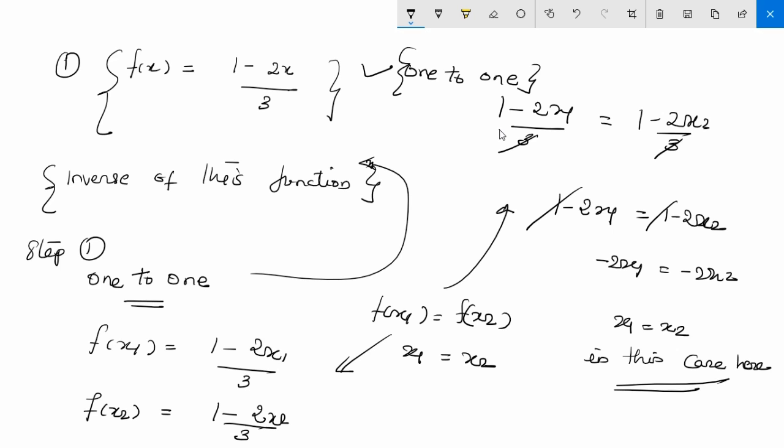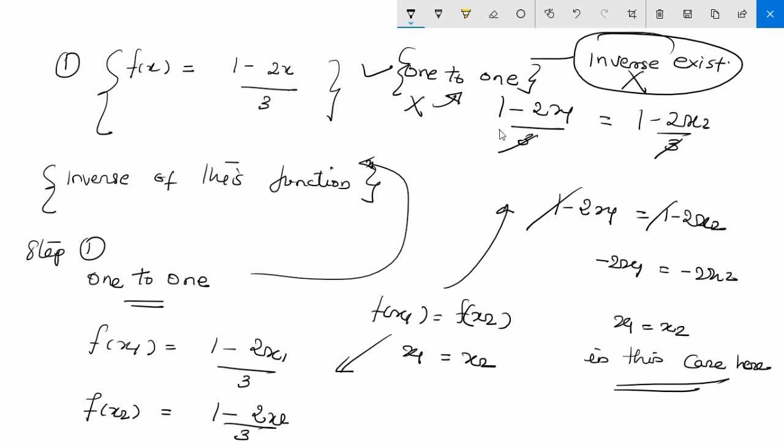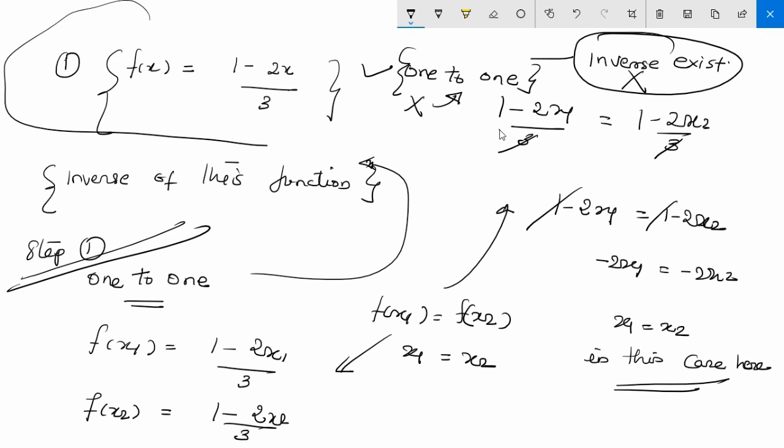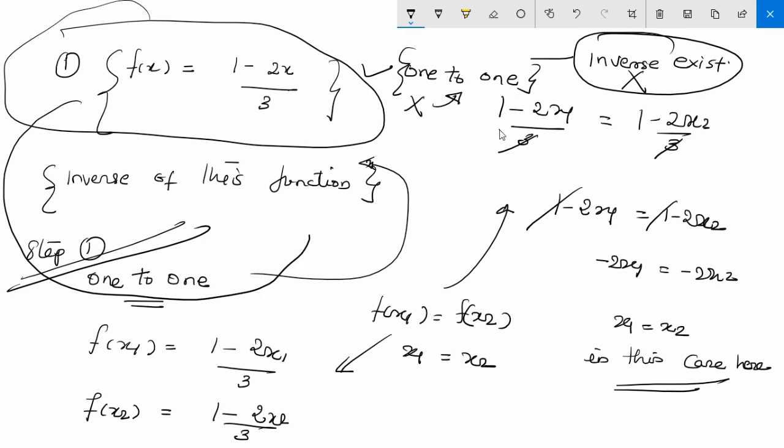This means that the inverse exists. If it is not a 1 to 1 function, then the inverse does not exist. So this is step 1 when you are asked to find the inverse of any function: check whether the function is 1 to 1 or not.